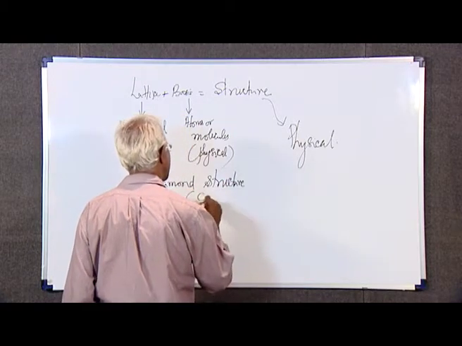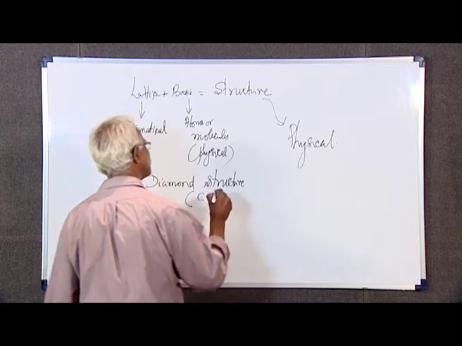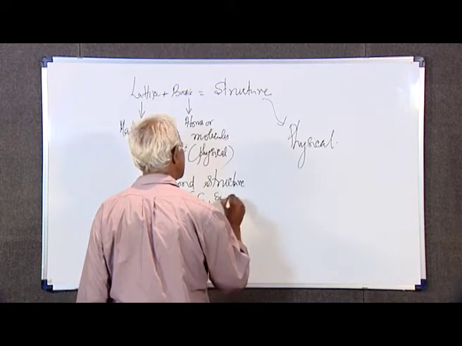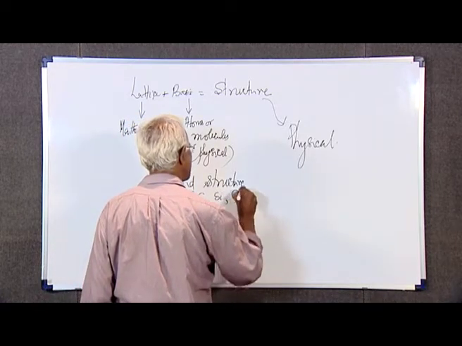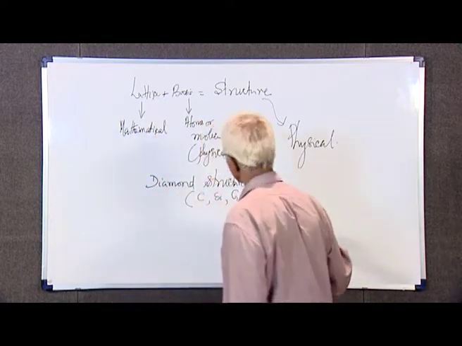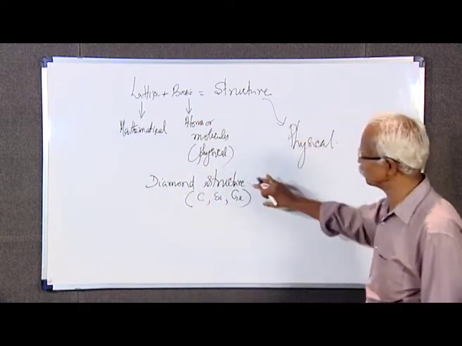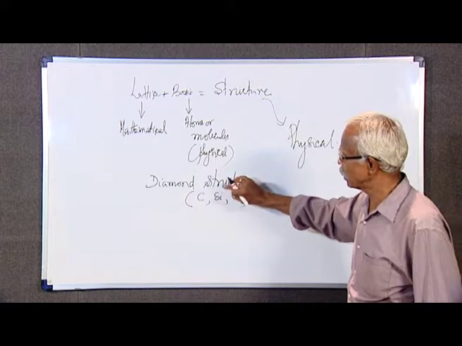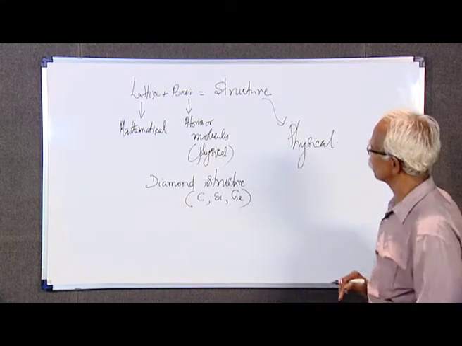Examples are diamond, that is carbon in the diamond form, silicon, germanium. There are some other crystals also which I will take up after this is done.